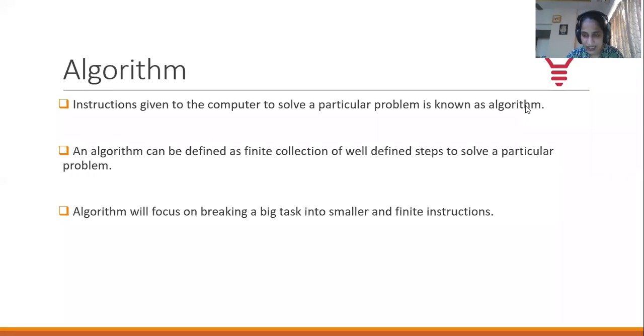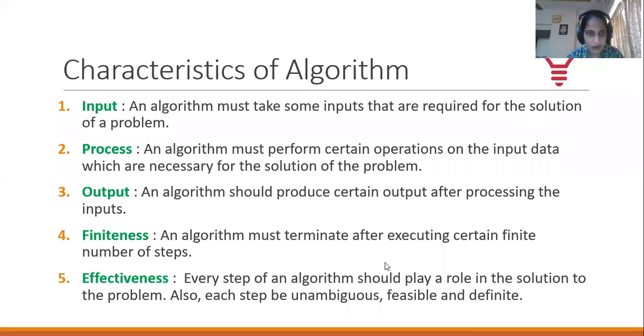We have also seen the major things when we talk about algorithm. You have to take care of the input. An algorithm must get an input. The input given to the algorithm needs to be processed correctly, and there has to be a particular output also.